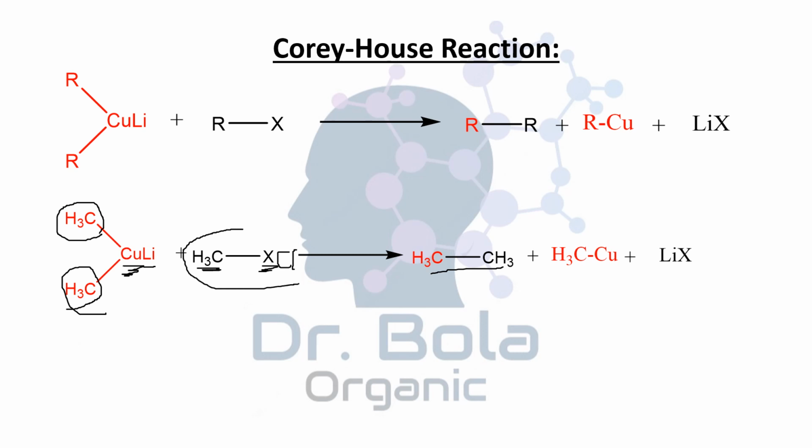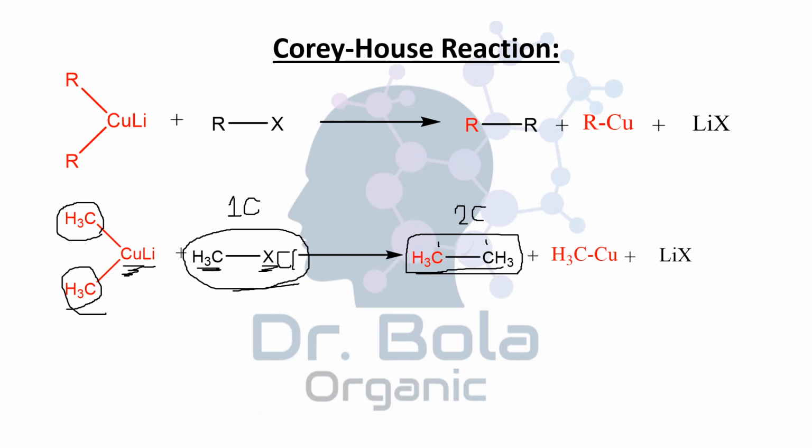How many carbons are there in this alkyl halide? If you have noticed, per one molecule of alkyl halide, there will be only one carbon of the methyl group. Okay, and how many carbons are there in the ethane or alkane product? Exactly. There will be 2 carbons per molecule.